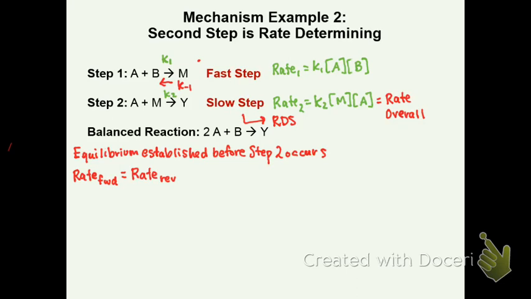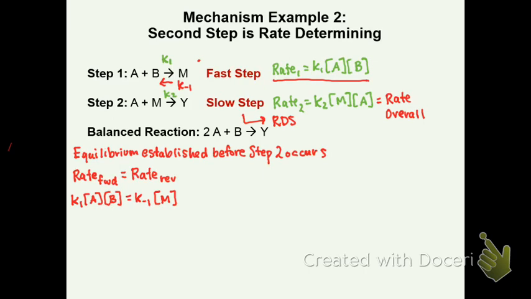And so with this equilibrium established, we can express the rates of the forward and reverse reactions. The rate of the forward reaction will just be the rate law for the forward reaction that we wrote. So K1, concentration of A, concentration of B. The rate law for the reverse reaction will be K minus 1 times the concentration of M, because in the reverse reaction, the only reactant is going to be M. So now we can rearrange this equation.